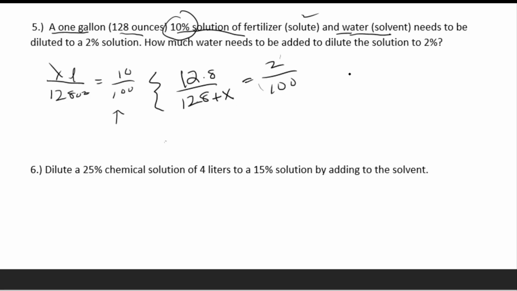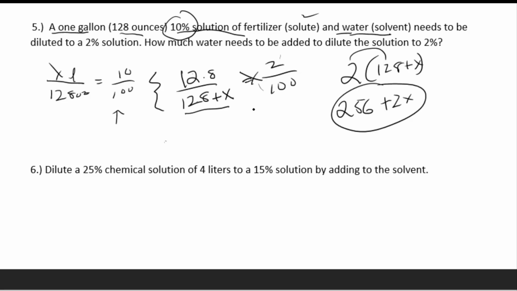And again, the way you cross multiply with an x would be 2 times 128 plus x, which is 256 plus 2x, right? And that would go on one side of the equation, and 100 times that on the other side.